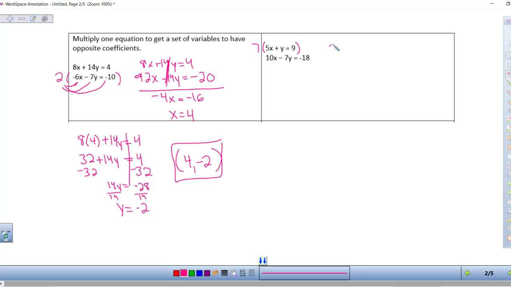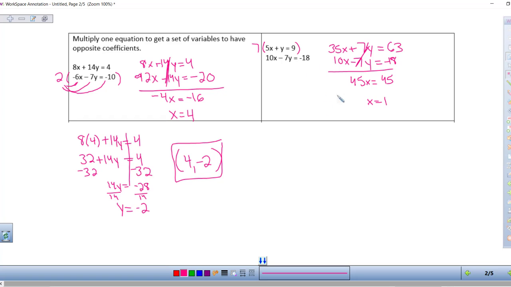My new equation would be 35x + 7y = 63. The bottom equation stays the same. I add them together, my y's eliminate. I have 45x = 45, which means x = 1.